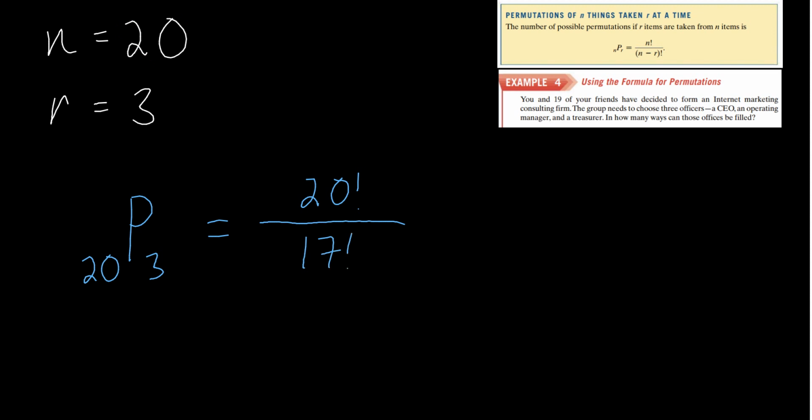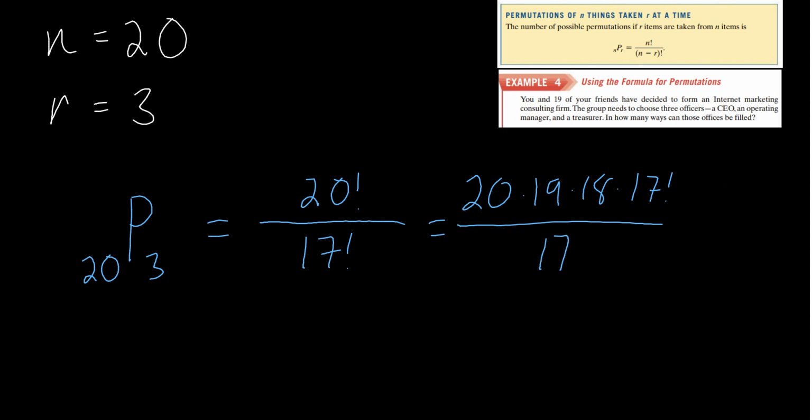Then we can do the arithmetic that we did in examples 2 and 3, and we'll write this as 20 times 19 times 18 times 17 factorial. The 17 factorial just means we go on and on, but we write that 17 factorial, and it's going to be canceled out with the 17 factorial in the denominator.